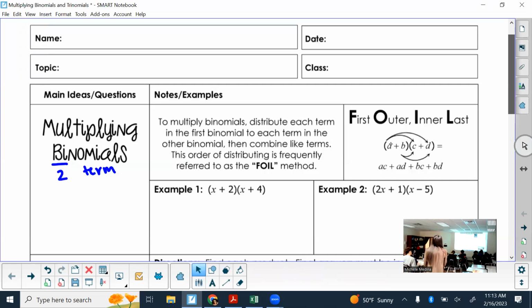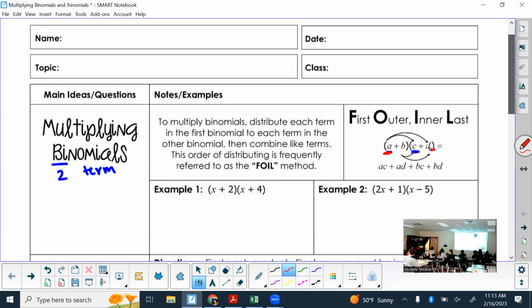All right. When that happens, you could use something called the FOIL method, which stands for first, outer, inner, last. And that means that, and here's an example with letters instead of numbers, but these letters could be any numbers, you multiply the first 2 numbers in each parentheses, in each expression, you multiply the outer 2 numbers.